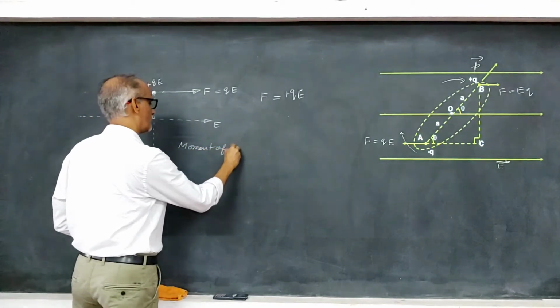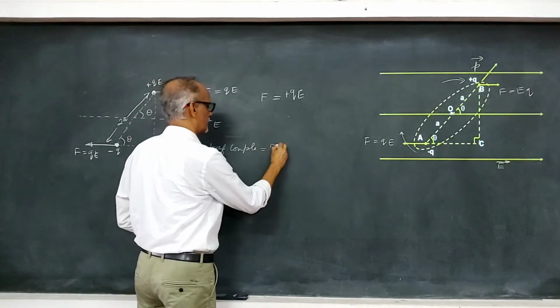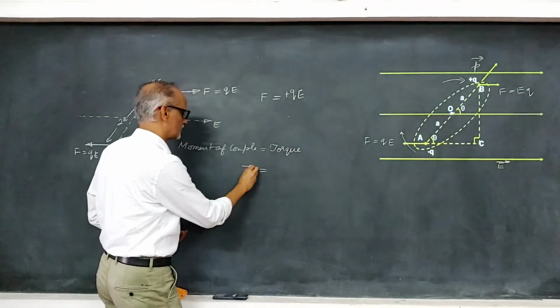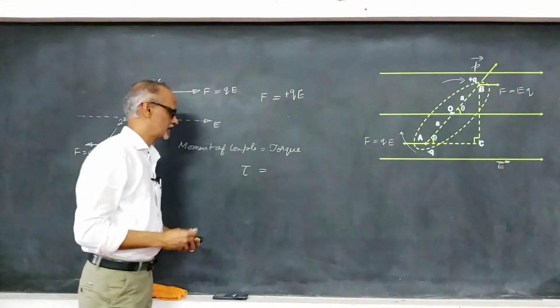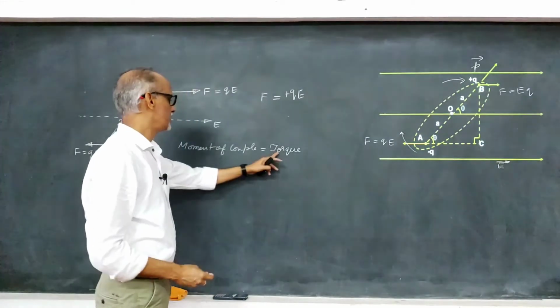So, what is the moment of couple, also called the net torque, which I am going to denote by the Greek letter tau. How to calculate the torque?